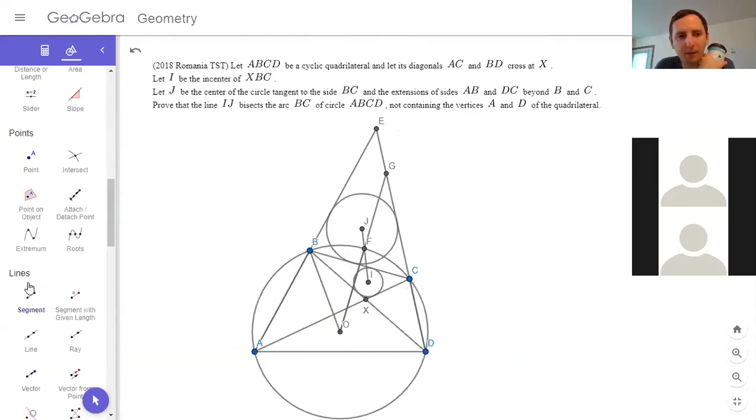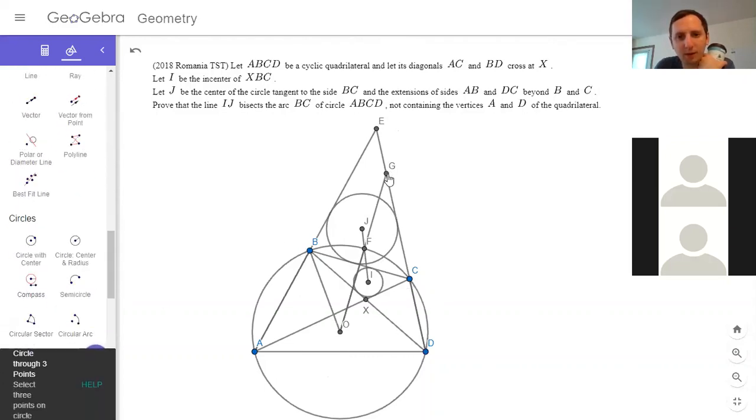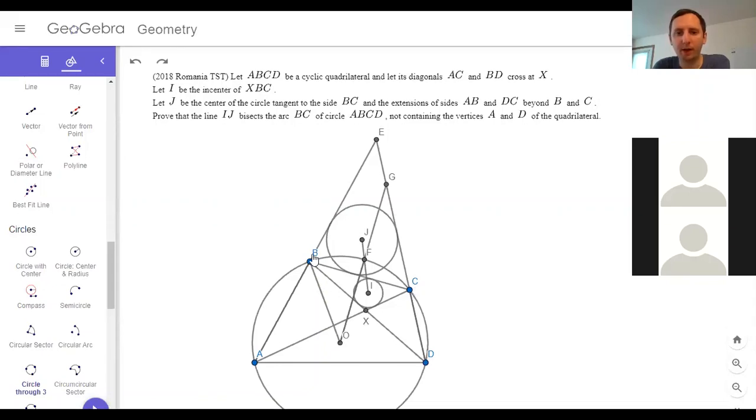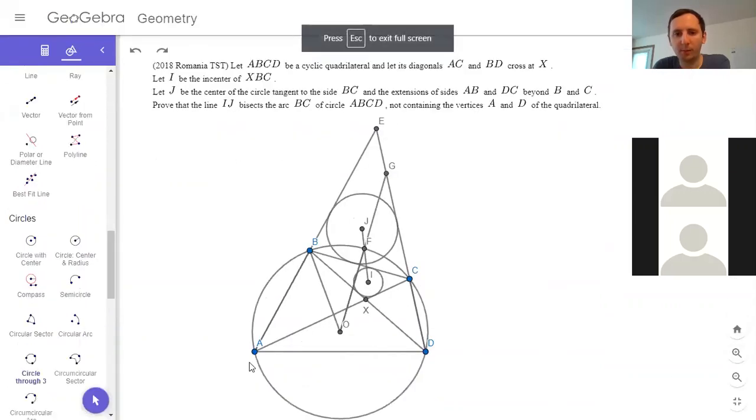Can you just repeat again? Yeah. So basically, angles BAC and BDC are both half of angle BOC, right?